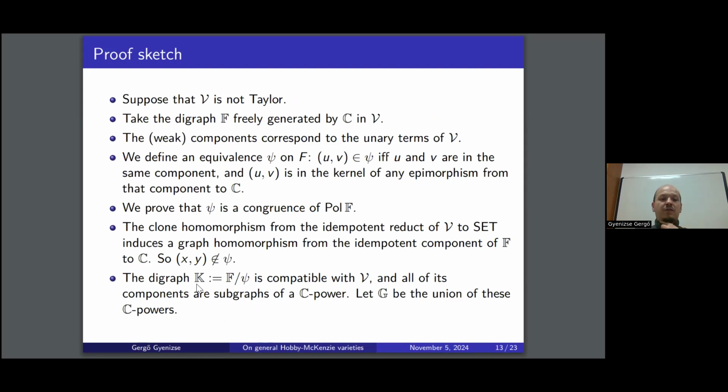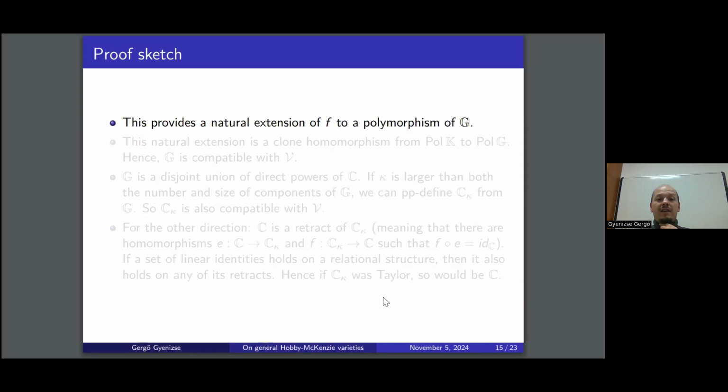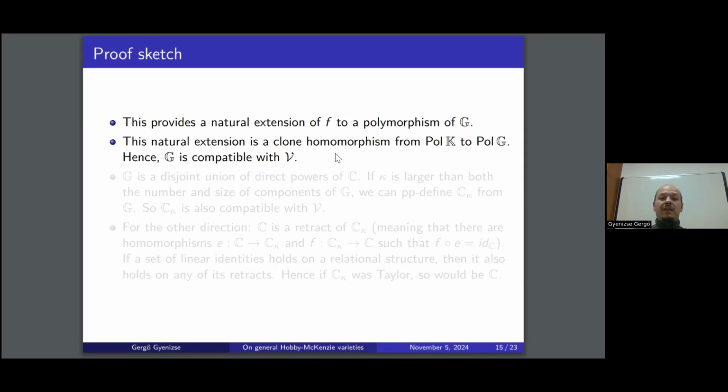So from a polymorphism of K, we can get a polymorphism of G, and importantly, this can be done in a canonical, natural way. And this is important because this being natural, or I think that we needed this, this is a unique extension. By this, it's easy to prove that this extension is a clone homomorphism from Pol K to Pol G.